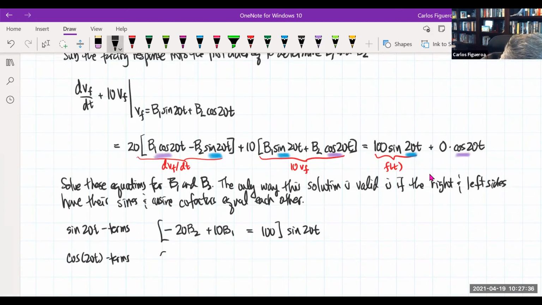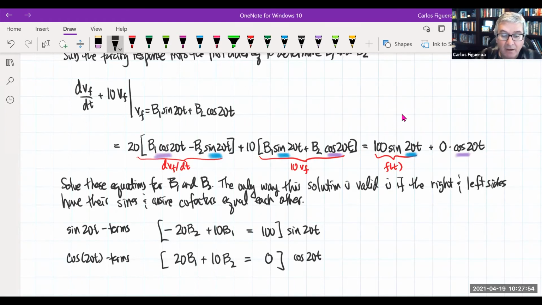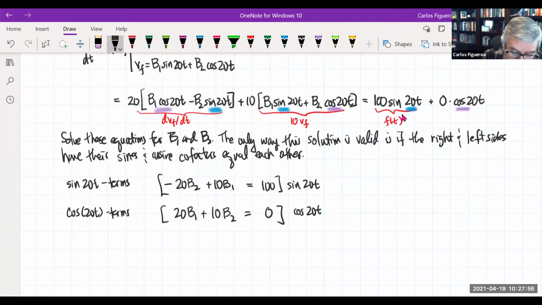The purple terms give 20 B1, the second term is 10 B2, and the right side is 0. That's the cosine of 20t terms. So I'm setting up a 2 by 2 matrix for B1 and B2.